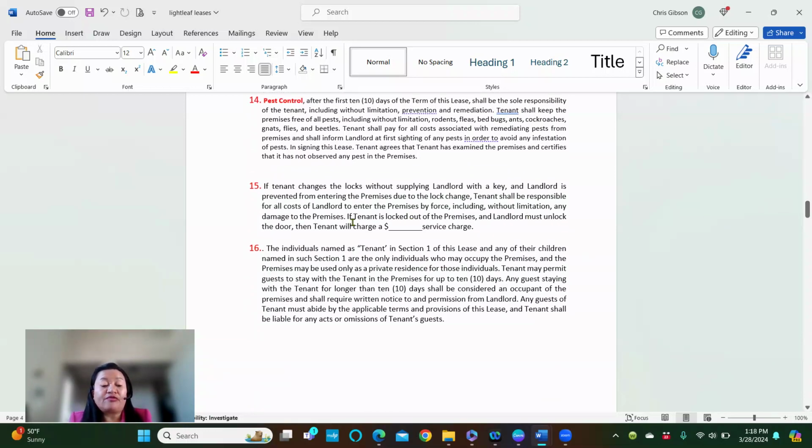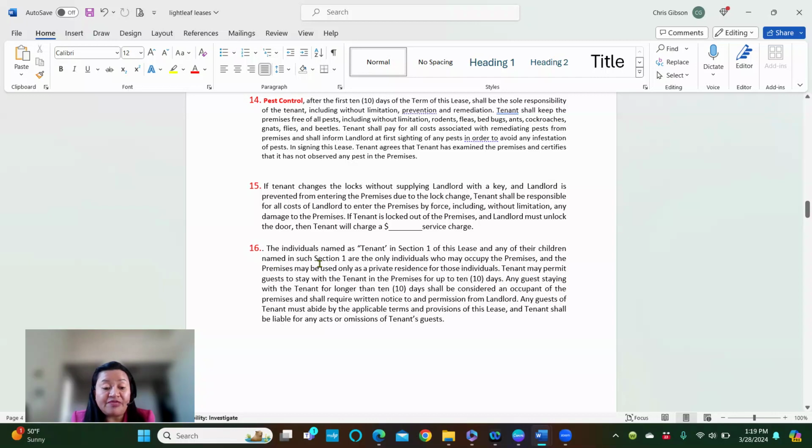So also here, number 15, sometimes one of our tenants locks themselves out because they forget their keys. The first time we open, we don't charge, but if they keep doing that, we need to charge a $25 service charge. And also, sometimes a family member stays with the residents.